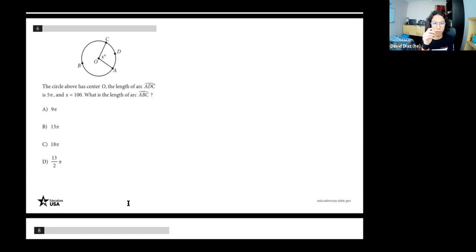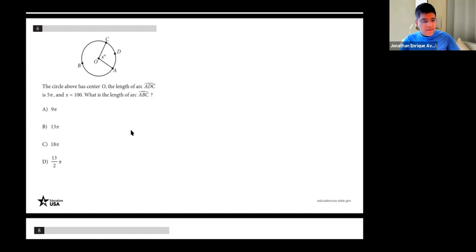Because remember, when we have pi, we are talking about radians. Okay, just to answer your question, the x is in degrees. Yeah, thanks.